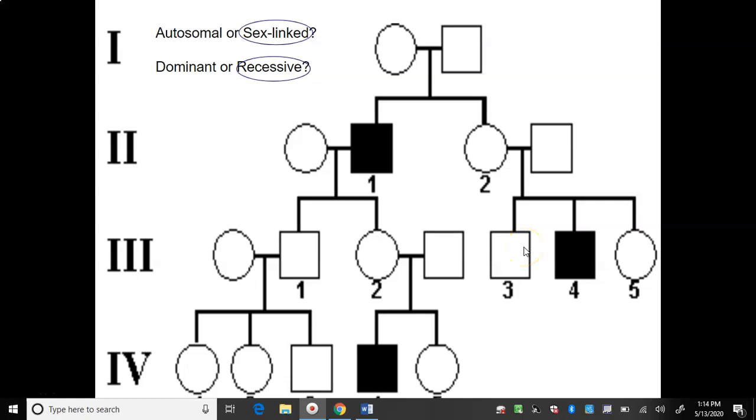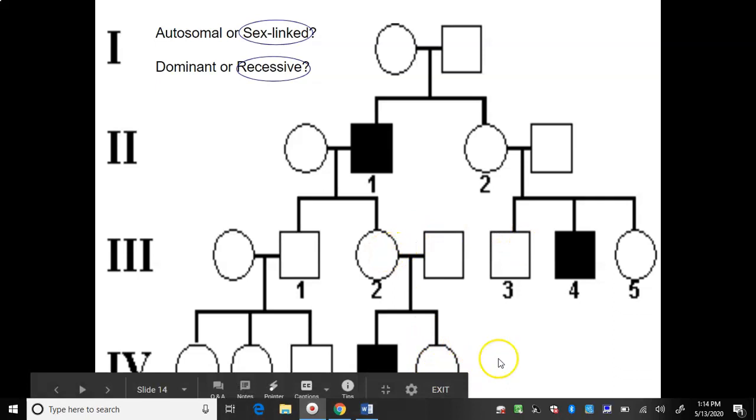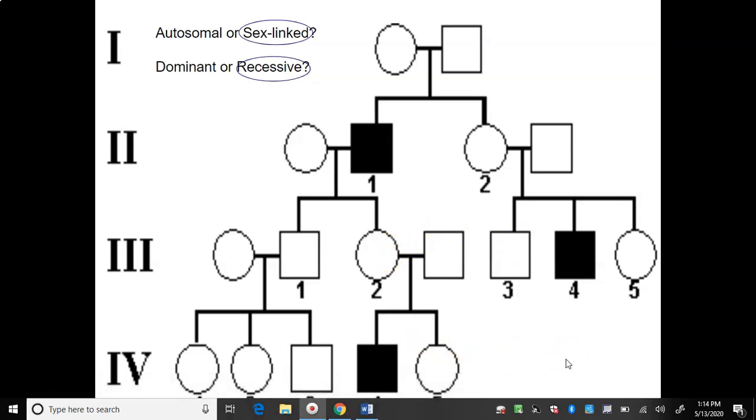Then you have to go back to the females. All these females don't have hemophilia, so they're not going to have the genotype X little h, X little h. However, you are going to need to go back and figure out if they're carriers or not. If you're not quite sure, you can write X big H, and for the other X, you put a question mark.